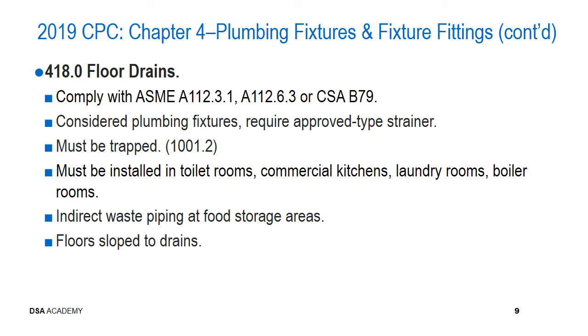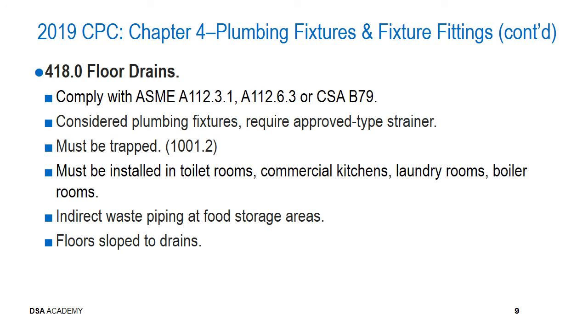They require an approved type strainer. Because these are fixtures, they must be trapped, and we discuss traps in section 10. Floor drains must be installed in toilet rooms, commercial kitchens, laundry rooms, boiler rooms. An indirect waste piping is required at food storage areas.